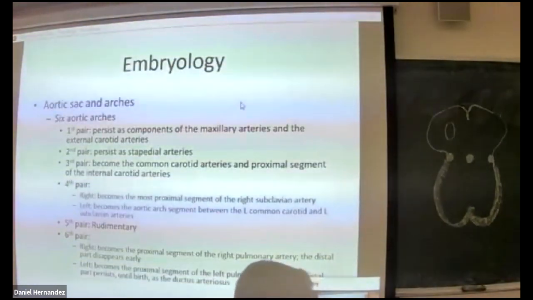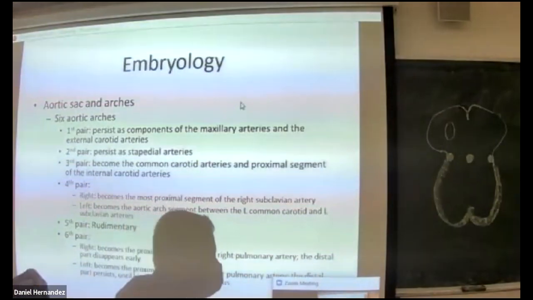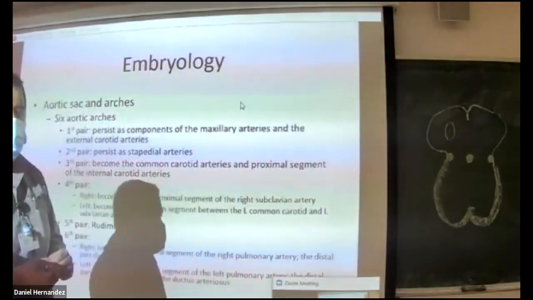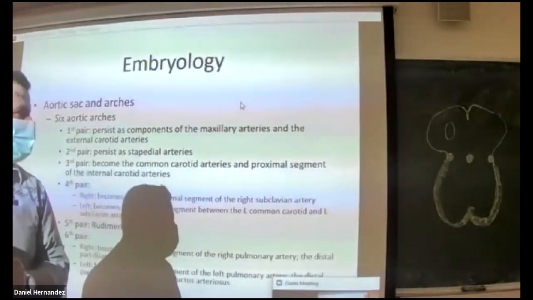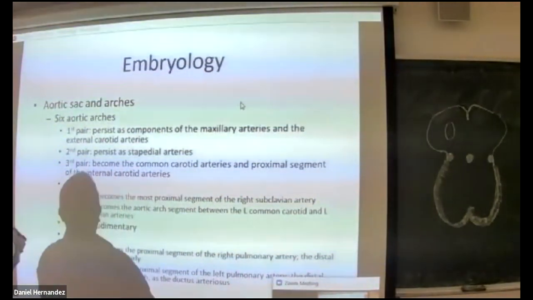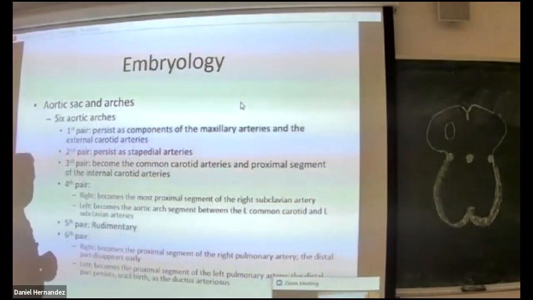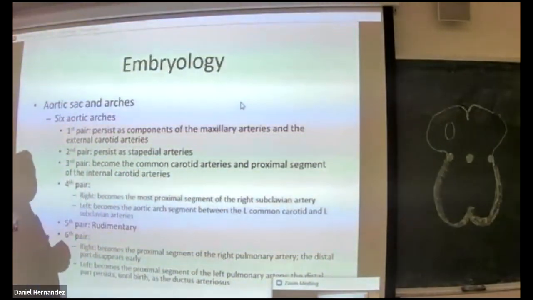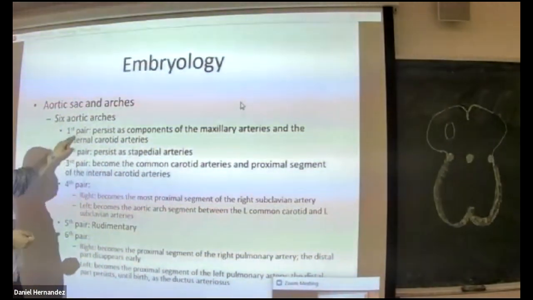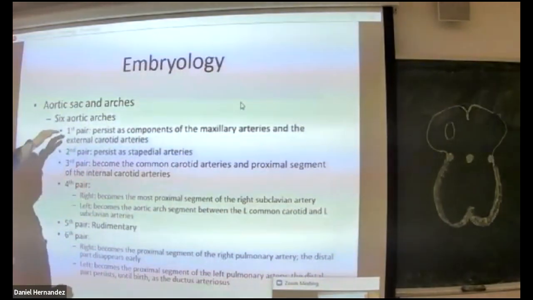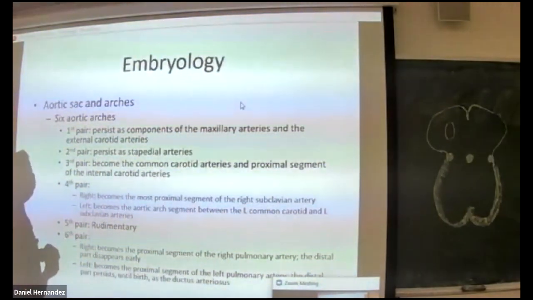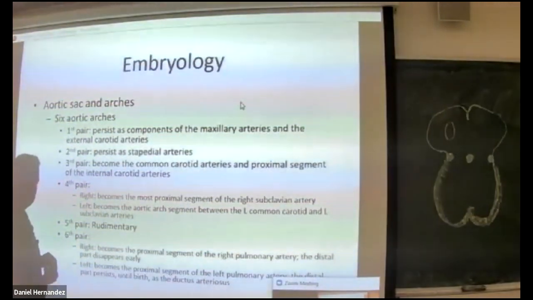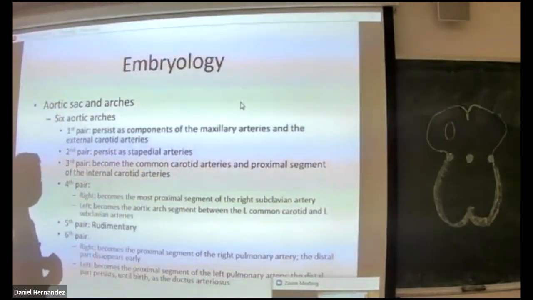That's going to develop, and within that sac, we have 6 aortic arches. When we're talking about the number for the aortic arches, the first pair is going to be more superior or more cranial, and the 6th pair is going to be more caudal.